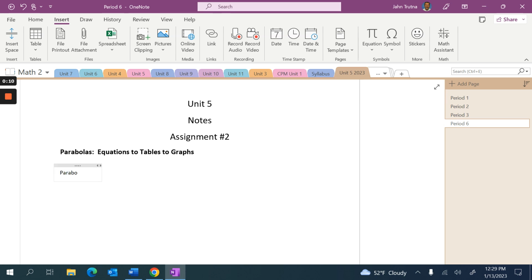Write these down. A parabola is a U-shaped graph, going up or down, that is generated from a quadratic equation.